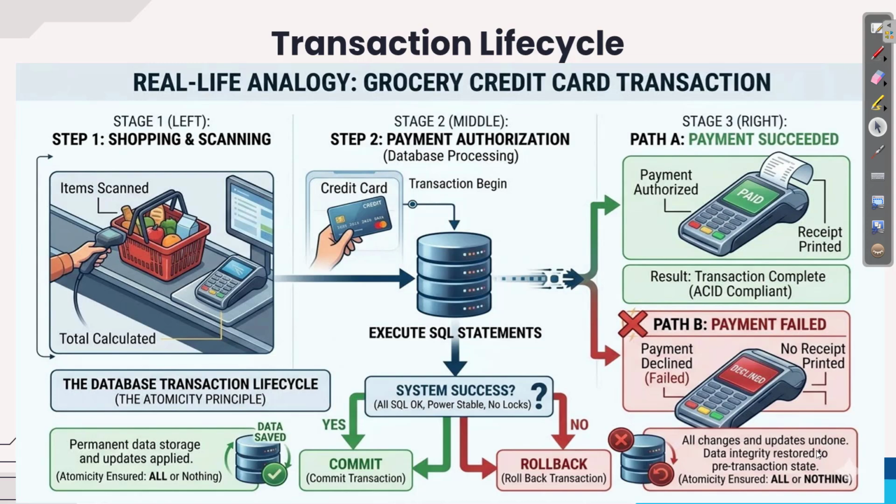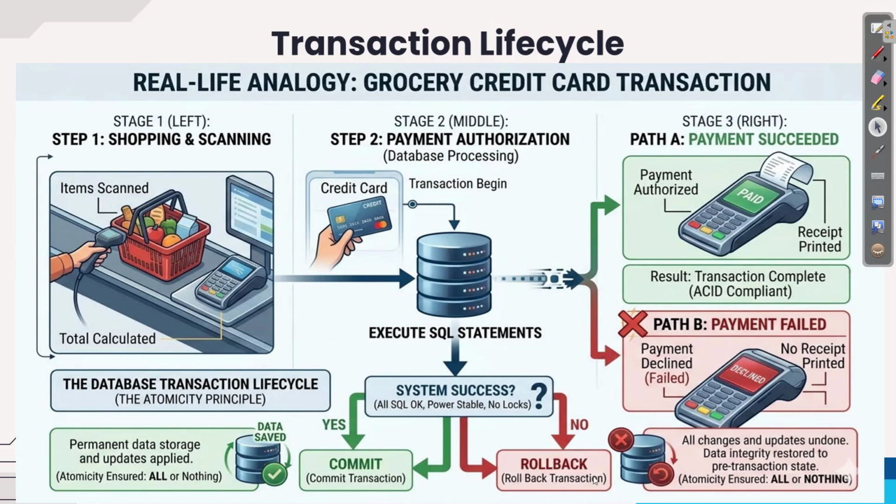Okay, here is the transaction life cycle. You have seen the item is scanned, the total is calculated, then the second stage is SQL executed. If all goes fine, then we need to commit this statement. In this case, all the transactions will be saved in the database.